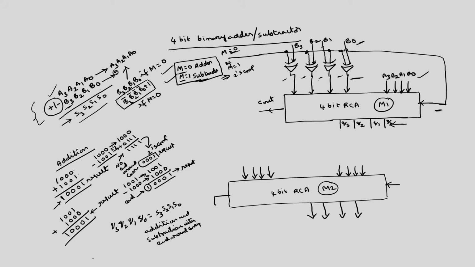S3, S2, S1, S0 is equal to the 2's complement of Q3, Q2, Q1, Q0 in only one case, that is subtraction without end around carry. How to implement this logic? Okay. In 3 cases this output is the final output, in only one case the 2's complement of this one will be the final output.